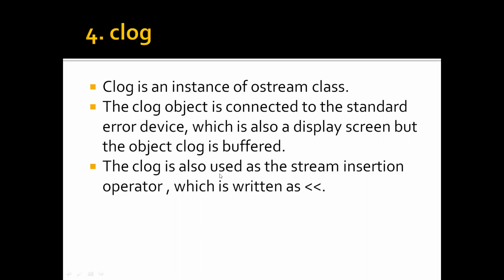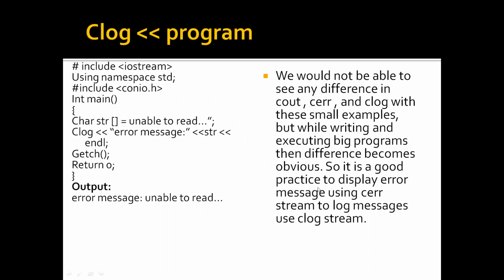The clog is also used with the stream insertion operator. We'll see the program for clog. We have included iostream, using namespace std, conio.h, int main, char string equal to unable to read, and you have displayed clog error message.